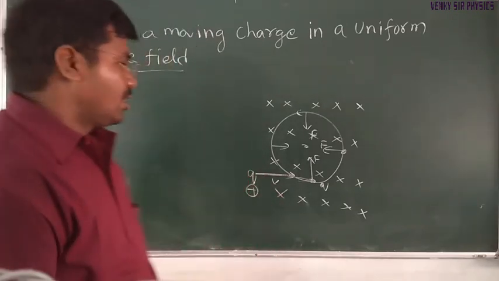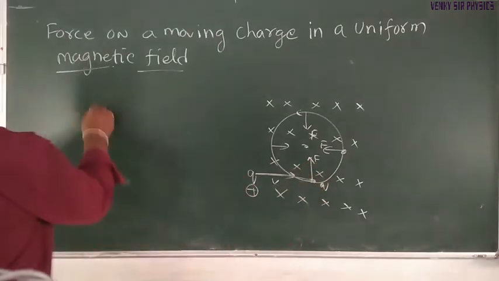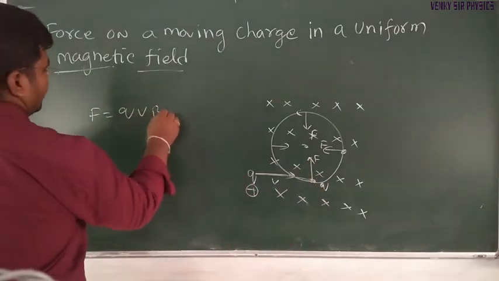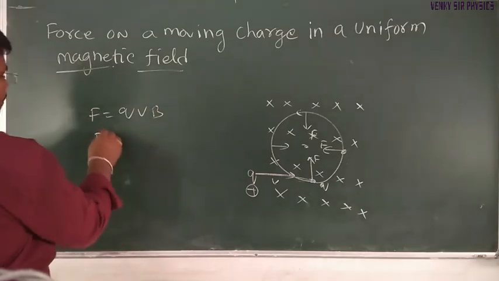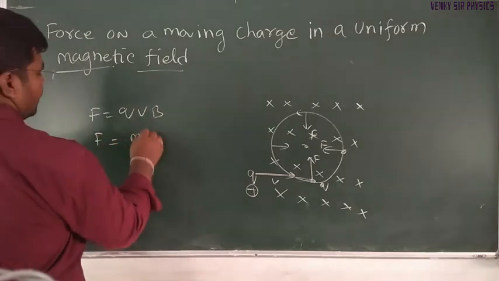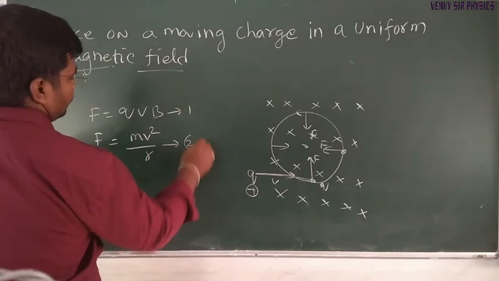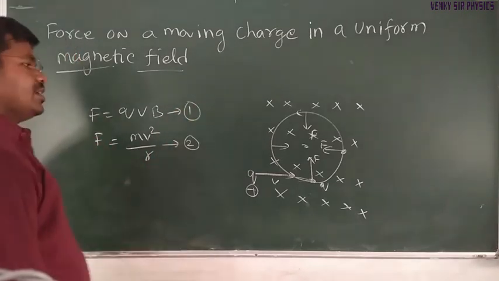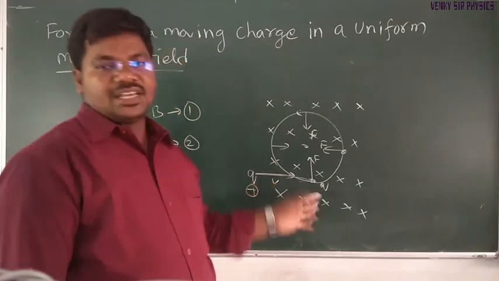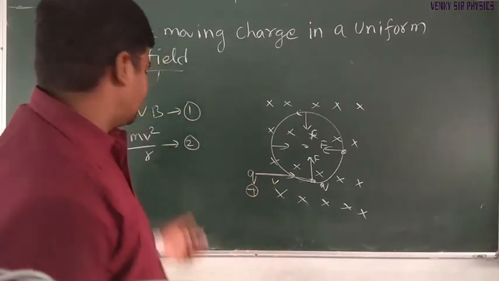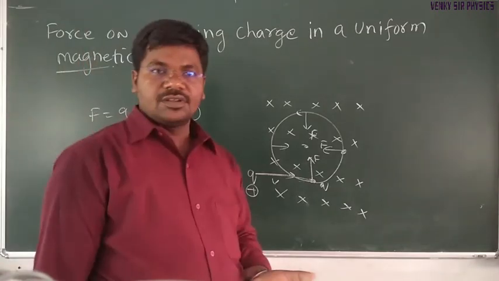Here the magnetic force is F equals qvB, and it is equal to the centripetal force F equals mv square by r. In every circular path, centripetal force plays a very important role.